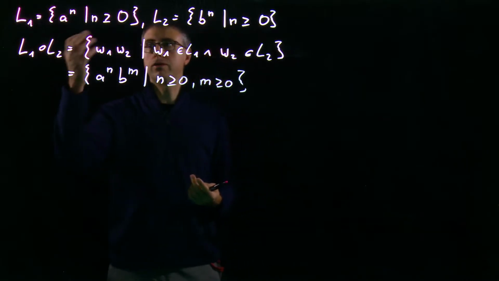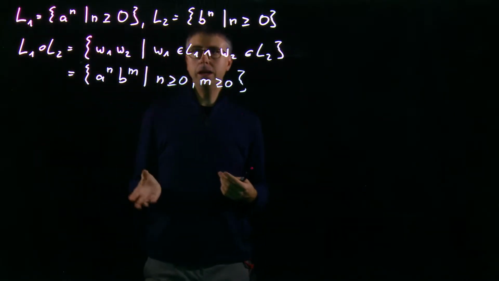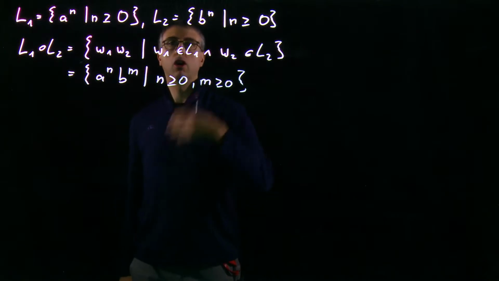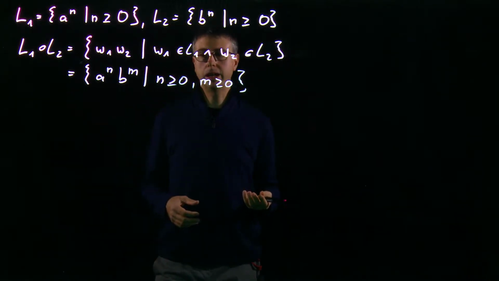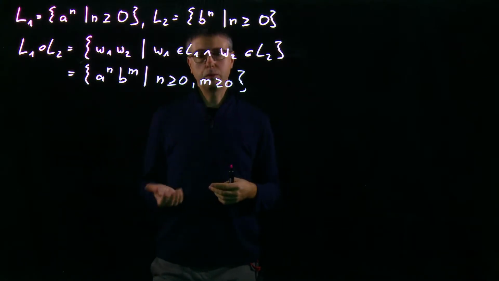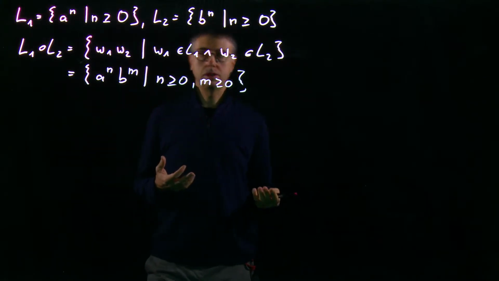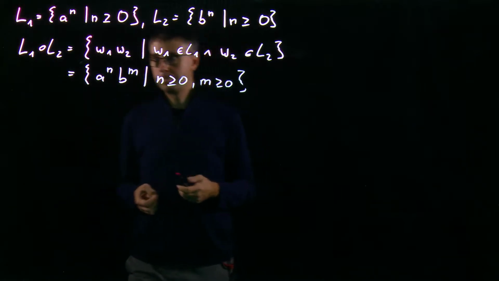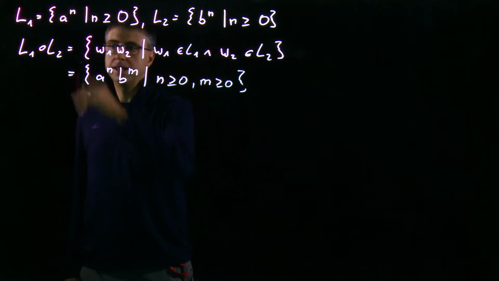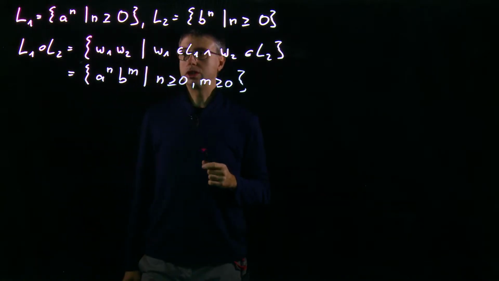We can take, for example, the word aa from L1 and combine it with the word b from the second language L2. So we would arrive at the word aab. So the number of a's is not equal to the number of b's. So that's concatenation of languages.